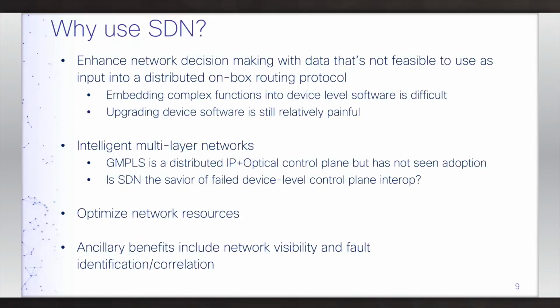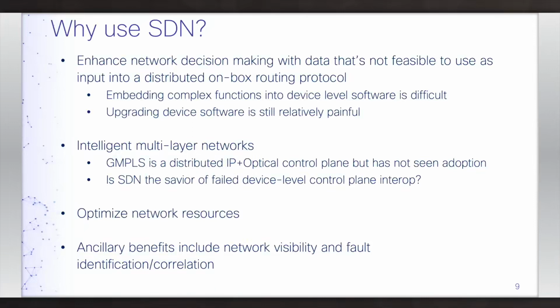I once called SDN sort of the savior of that, because really you're just kind of punting the intelligence upstream, and I'm able to handle these multi-layer networks at the SDN controller level, and not necessarily between two devices themselves. Obviously optimizing network resources, that's sort of a boilerplate reason to run things like SDN.